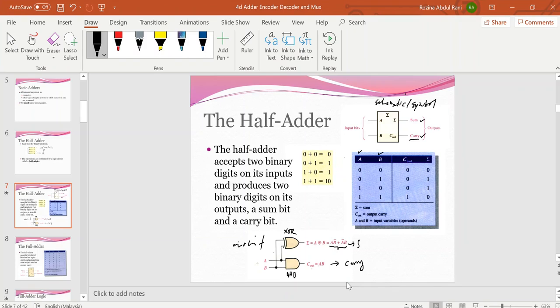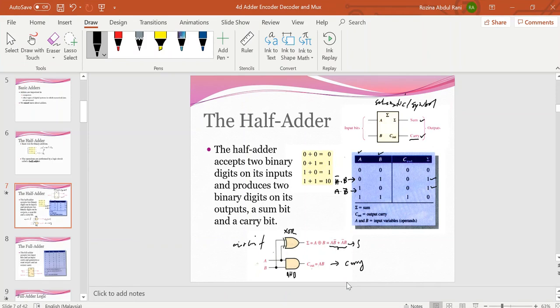So we can get this Boolean equation from this truth table. Okay, so you refer to the output 1 for the sum operation. For output 1, the minterms are A bar dot B and A dot B bar.